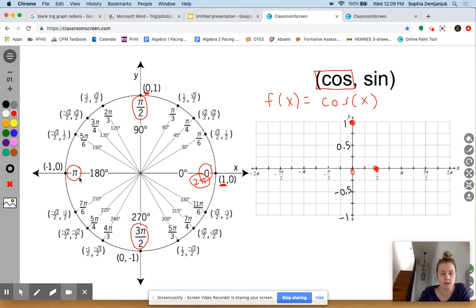For my next coordinate, cosine of pi takes me down to -1. So looking at pi, I go all the way down -1. I need cosine of 3 pi over 2, which is 0. And then one full rotation taking me back to 2 pi ends up being at 1.